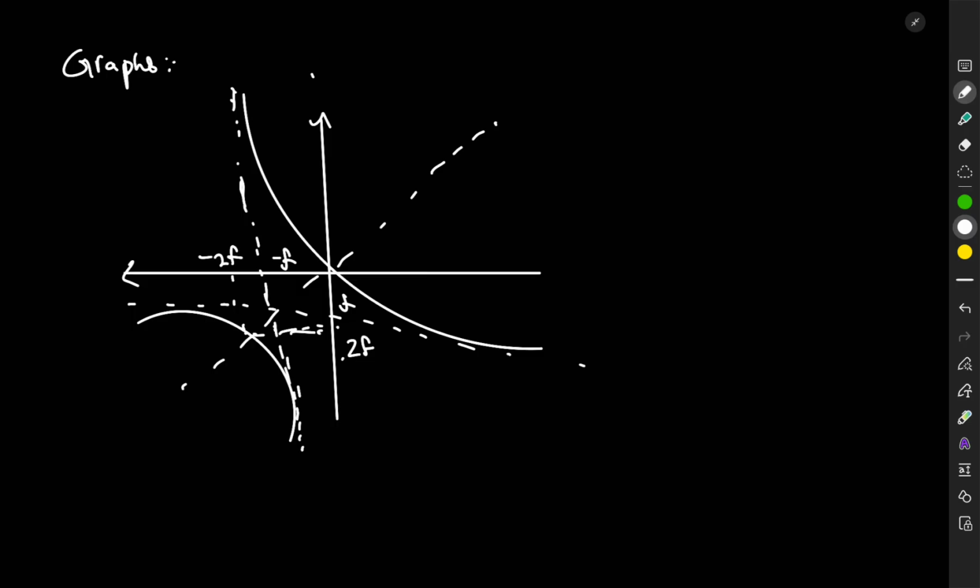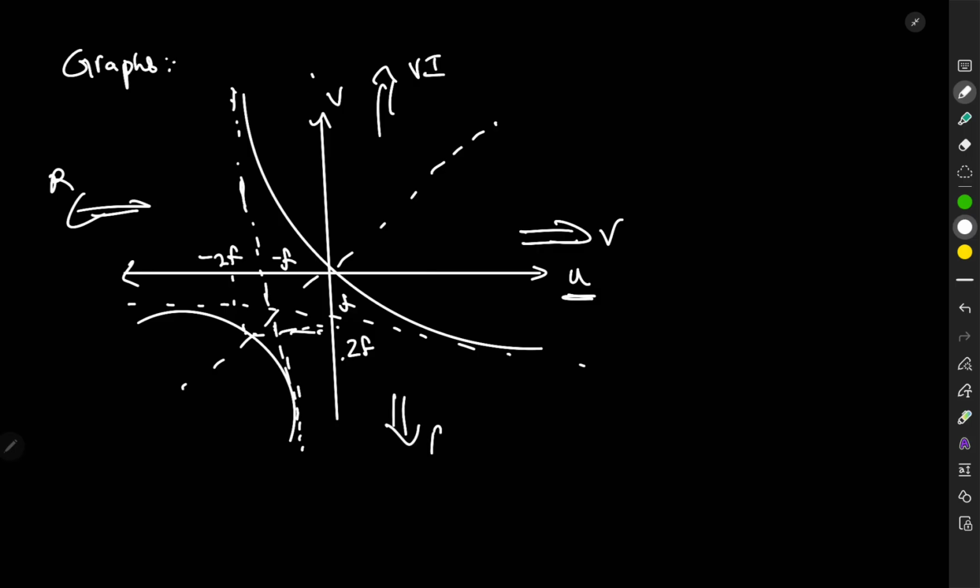Because at f, so before getting there, this will be u and this will be v. Okay, and this part will be virtual image and this part will be real image, and this part will be real object, this part will be virtual object. Virtual, real, virtual image, real image. Fine.